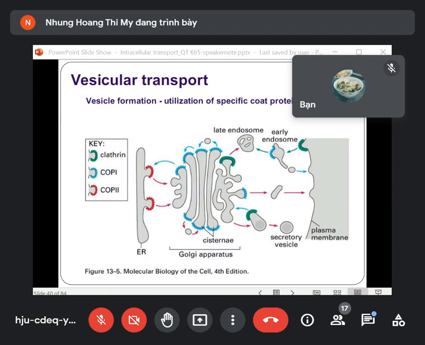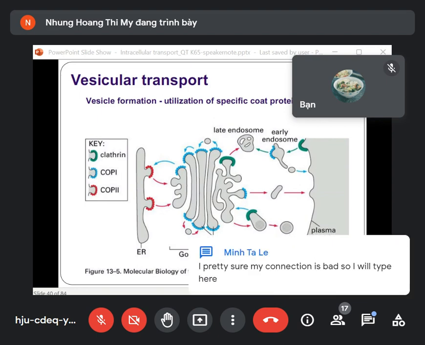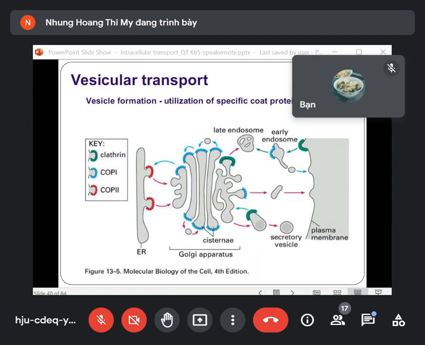I cannot come to the classroom, so I cannot read the question again. You can type in the chat window.